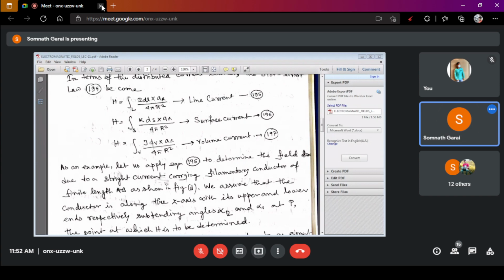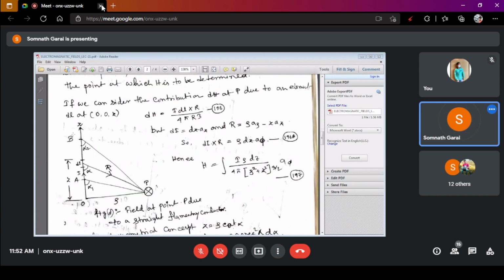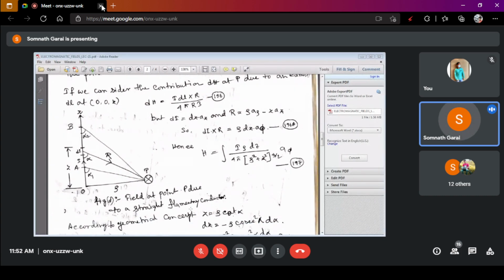If you see this figure, we have to calculate the magnetic field intensity H with respect to this dl situated in the z direction at the point P. If you draw this figure, the current flows in the z direction.